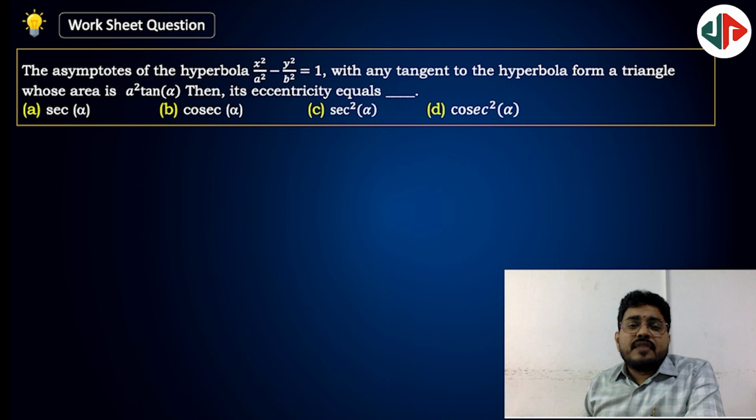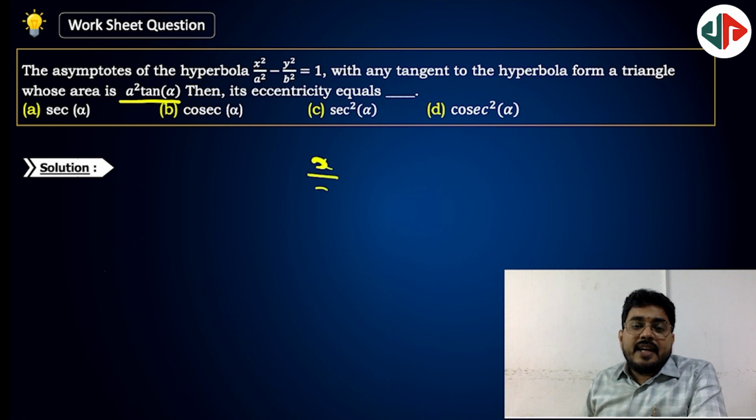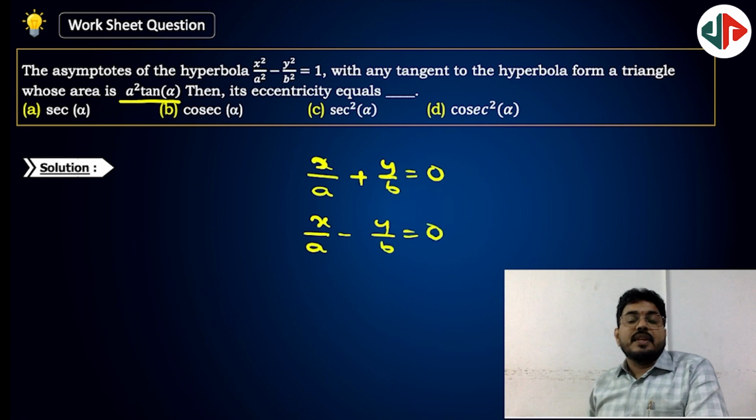The asymptotes of a hyperbola with any tangent to the hyperbola form a triangle whose area is a square tan alpha. Then the eccentricity is equal to? So what they are asking is: x by a plus y by b is equal to 0 is one asymptote, and x by a minus y by b is equal to 0 is another asymptote.